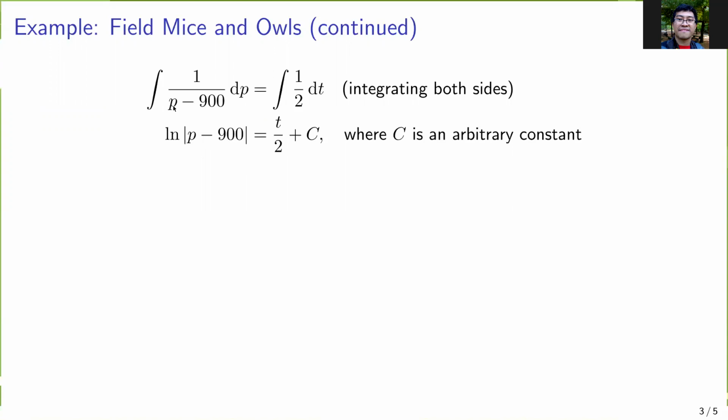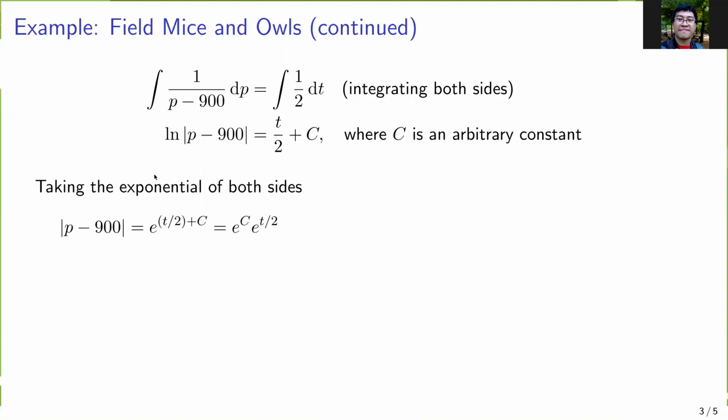Okay, so here we assume that p may have values that are less than 900. So the right side is t over 2 plus c, where c is an arbitrary constant. So taking the exponential of both sides, we have absolute value of p minus 900 equals e to the power of t over 2 plus c.